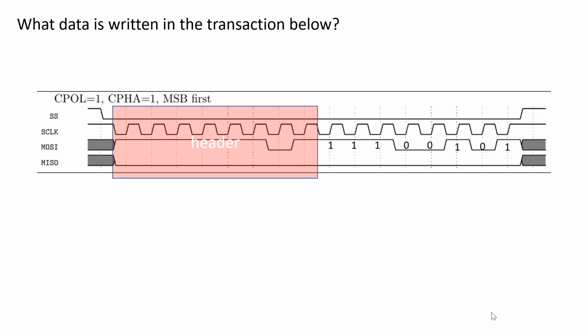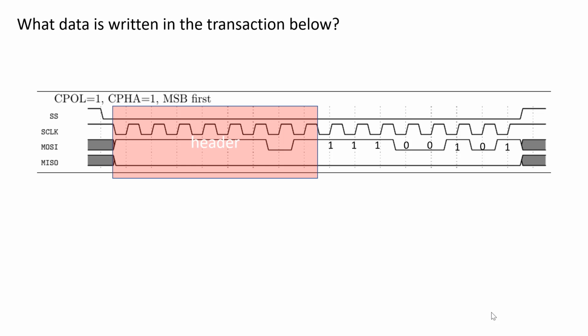So the first 8 cycles are the header. That's where you send the address. Master sends the address and what type of operation you're doing. And then the next 8 cycles are the data. In this case, it's a write, so the data being written is on MOSI, and we just need to basically count off each bit there in MOSI.